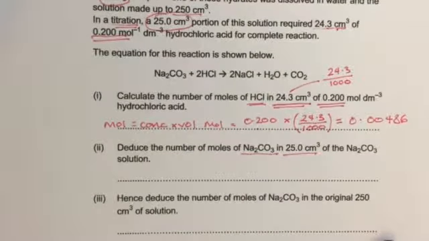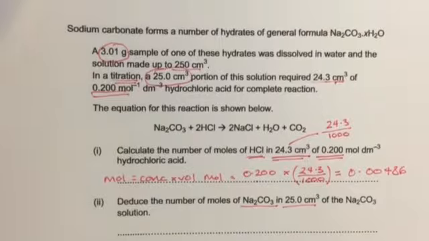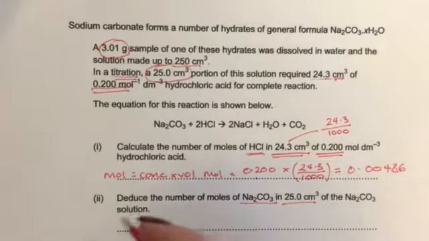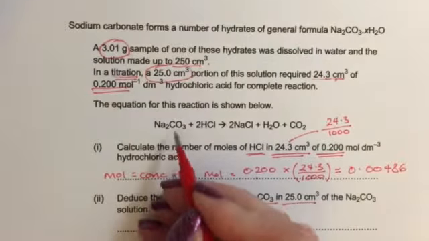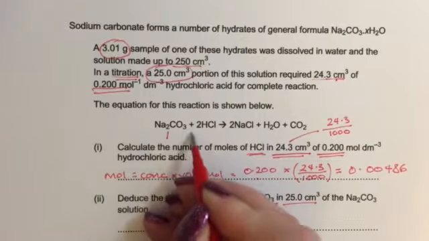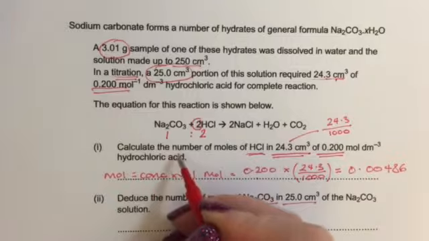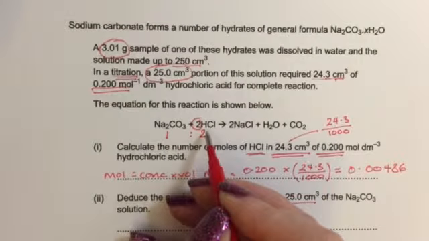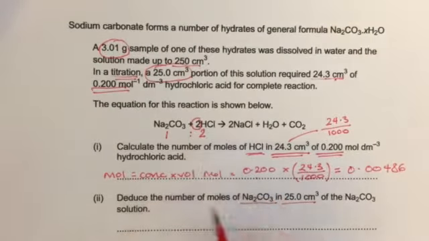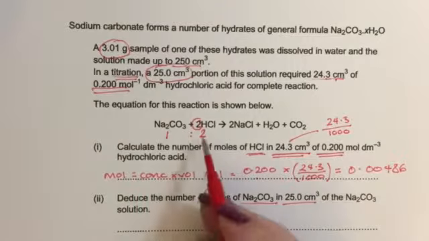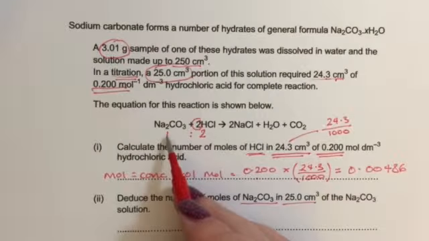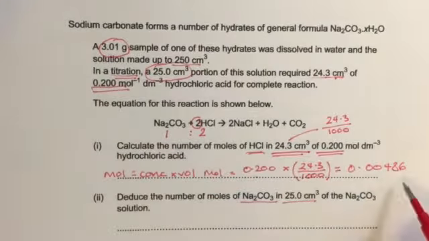So this is where we go back up to our equation. From your equation you can see that you've got a 1 to 2 ratio, here's your 2, of sodium carbonate to hydrochloric acid. So that tells us that for every 2 moles of acid we've only got 1 mole of sodium carbonate. So let's have a look at this.